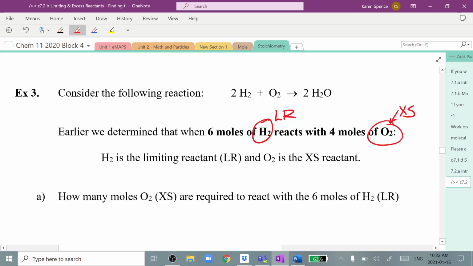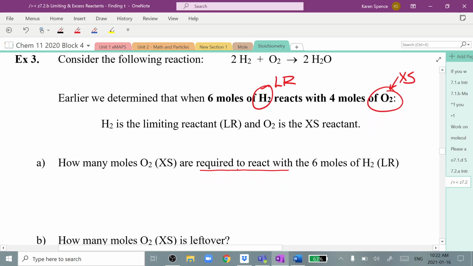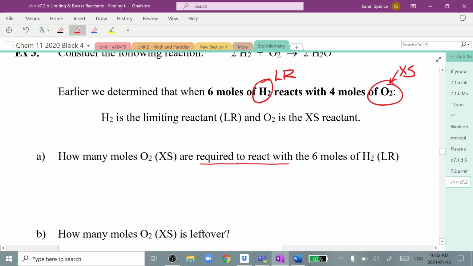How many moles of O2, our excess reactant, are required to react with 6 moles of H2? Well, our initial quantity is going to be the 6 moles of H2. That's our initial quantity. And our unknown quantity, how many moles of O2?